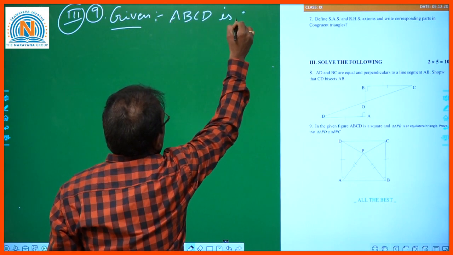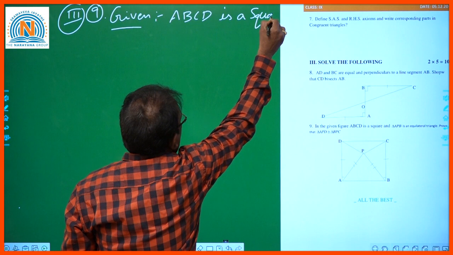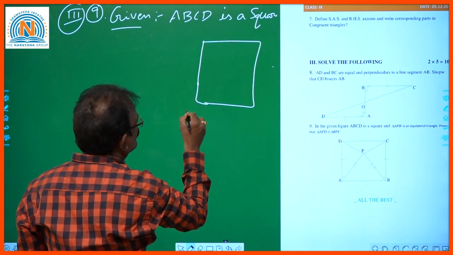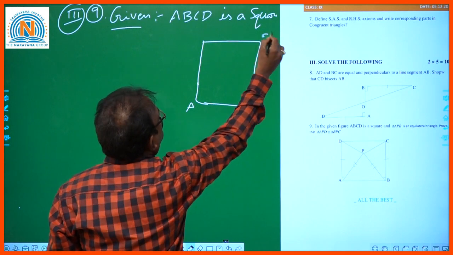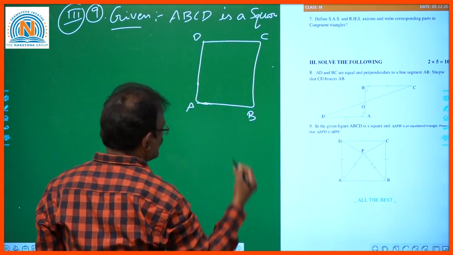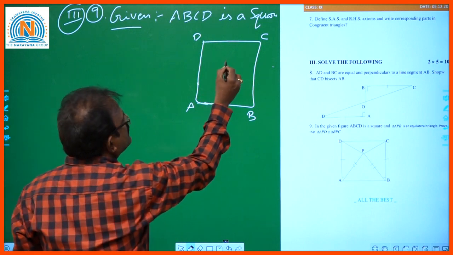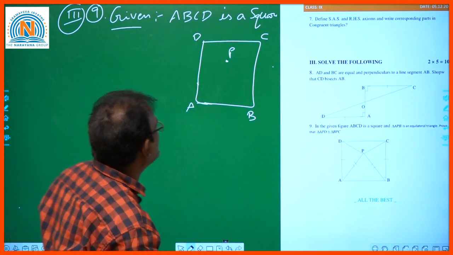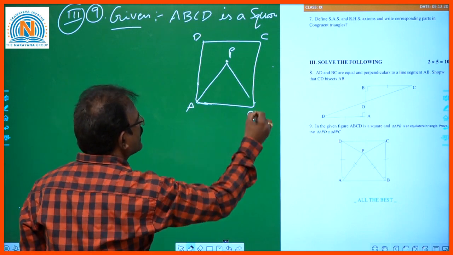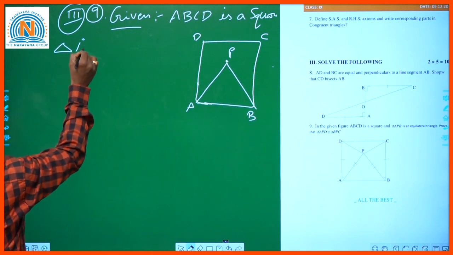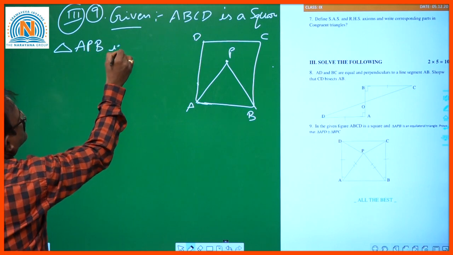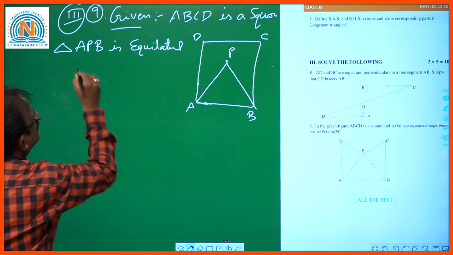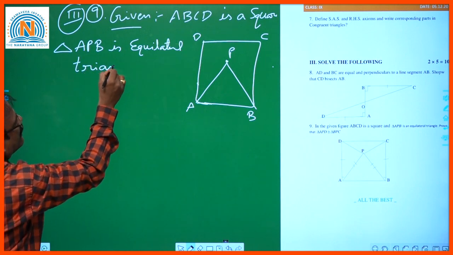Now, P is some interior point, then triangle APB is an equilateral triangle, also given. This is what they given.